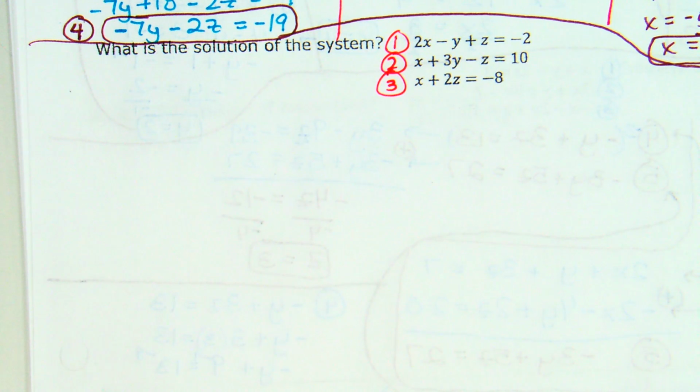You could really do any of them, because 1 you can solve for z, 2 you could solve pretty well for z or x, and 3 you could solve for x. And I agree, we can do any of them. Now, there's one part that I would say is a little bit easier. And I don't think it's 1.